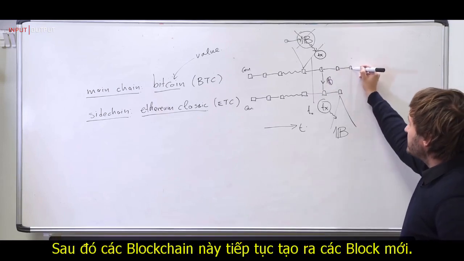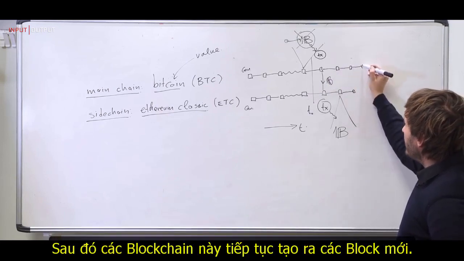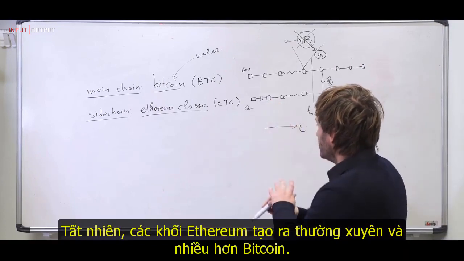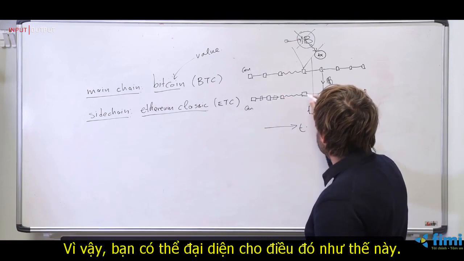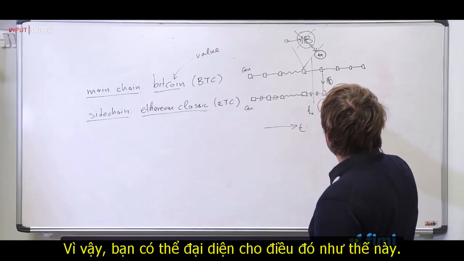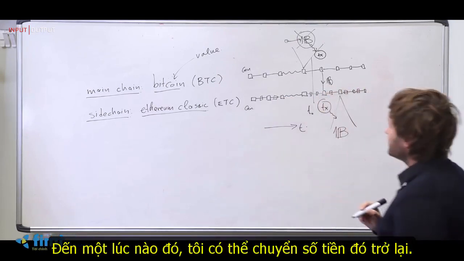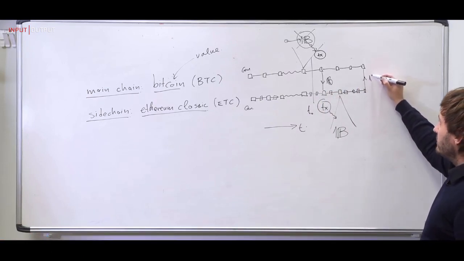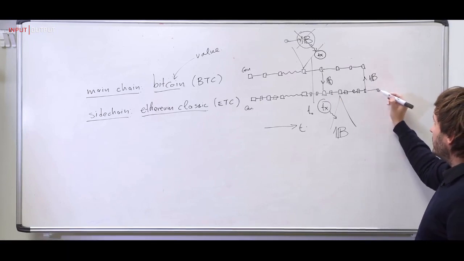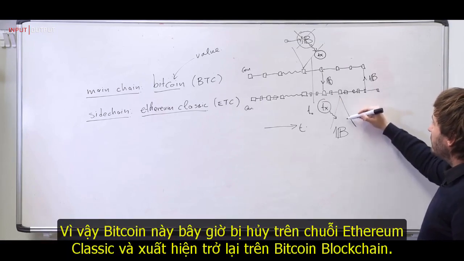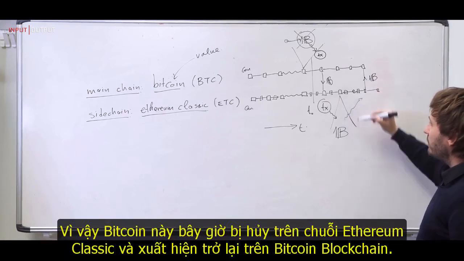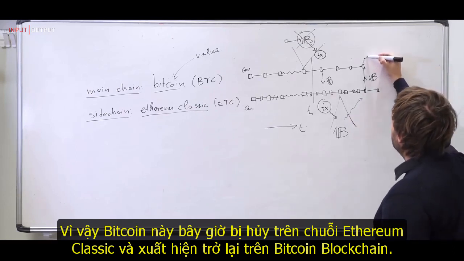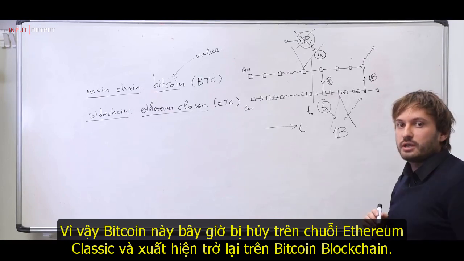And then these blockchains keep evolving. They keep creating blocks. And of course, Ethereum blocks are much more often than Bitcoin blocks, so we can represent that like this. And then at some point, I can move that amount back. And so this Bitcoin now is destroyed on the Ethereum Classic chain, and it appears again on the Bitcoin blockchain.